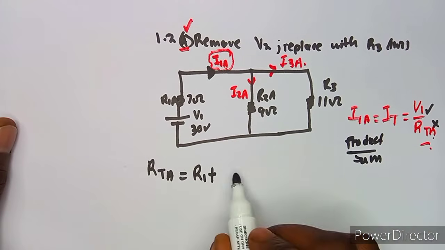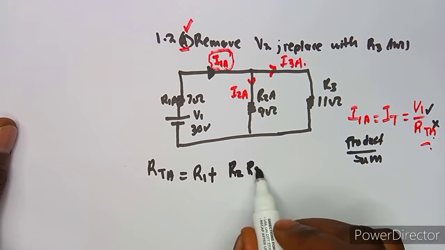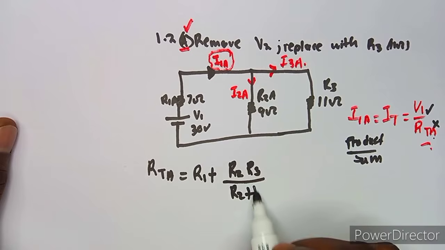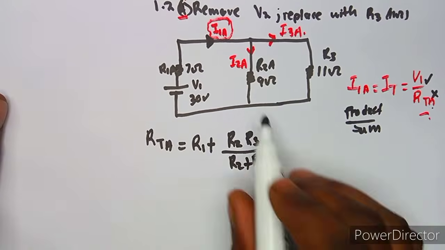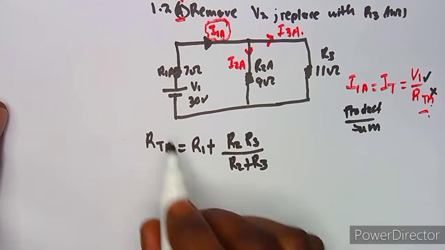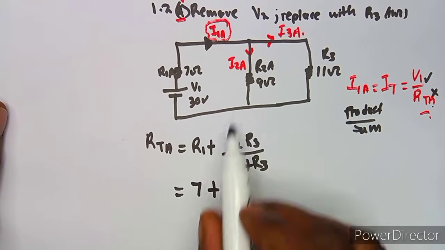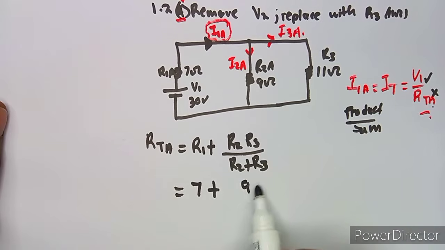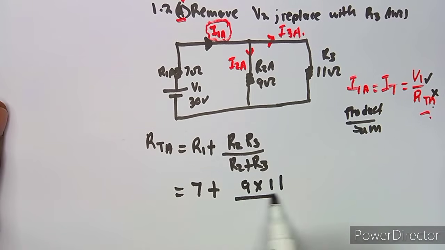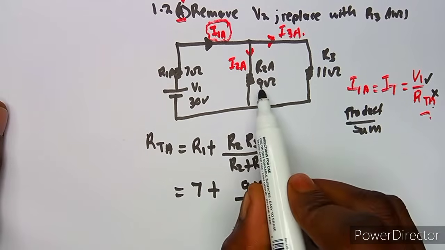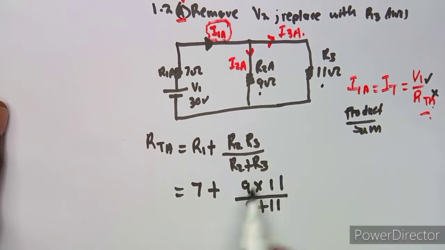So we are going to have R2 R3 over R2 plus R3 in this case. We put R1, which is 11 in this case, plus the product over sum, which is 9 by 11 over 9 plus 11. Take note, R2 and R3, product over sum: you multiply them, then you add them.